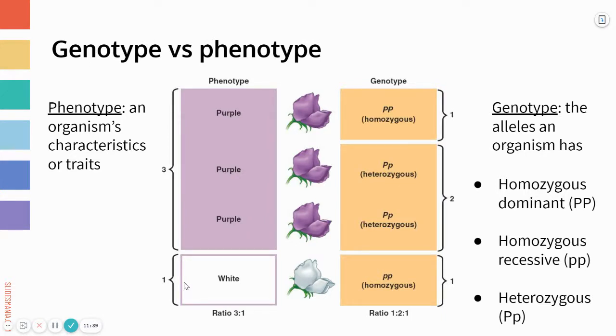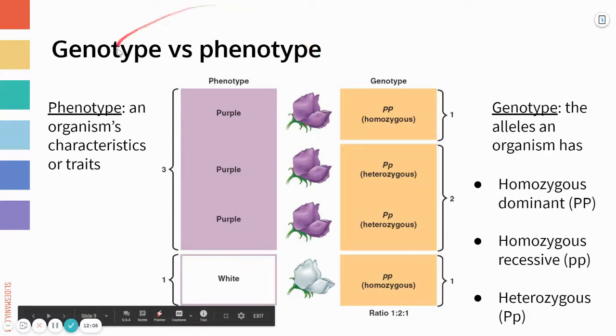And then there are also less visible traits that we would still count as phenotype. An example might be whether you're lactose tolerant or lactose intolerant. That's a trait brought about by your genotype, but it's not visible in the same way that hair color or eye color is, but it still counts as a phenotype because it's a trait brought about by your genotype.